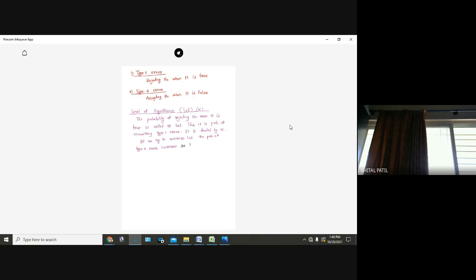So, LOS cannot be made 0. But we can fix it at 5%, that is 0.05, or 1%, 0.01.